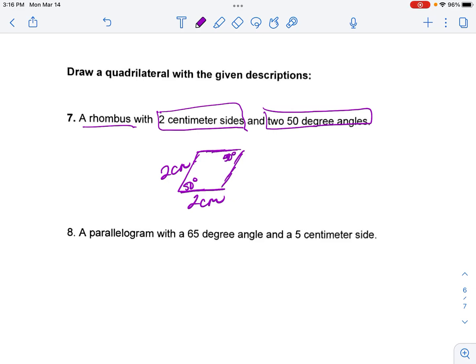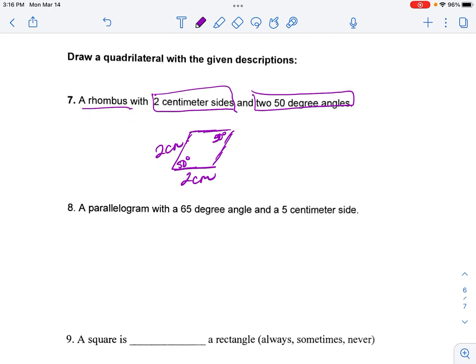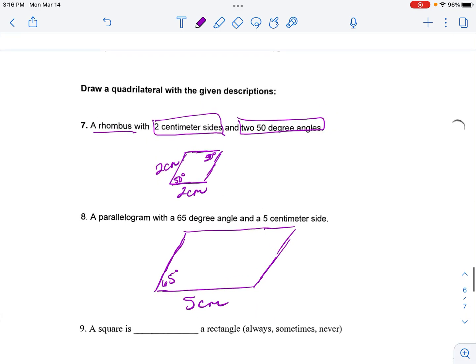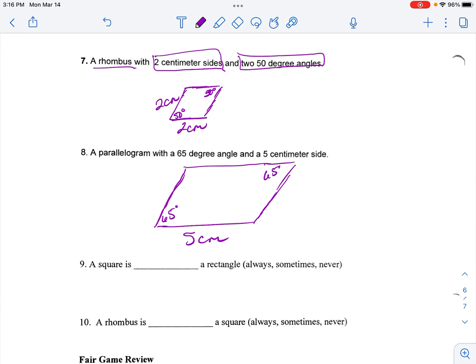So this one should also be 50 up here, and 2 centimeters all the way around. Okay. A parallelogram with a 65-degree angle and a 5 centimeter side. So I would do the top or bottom, make sure it's 5 centimeters, and then make sure it has a 65-degree angle as well. Okay, and again, we can check that in class together.